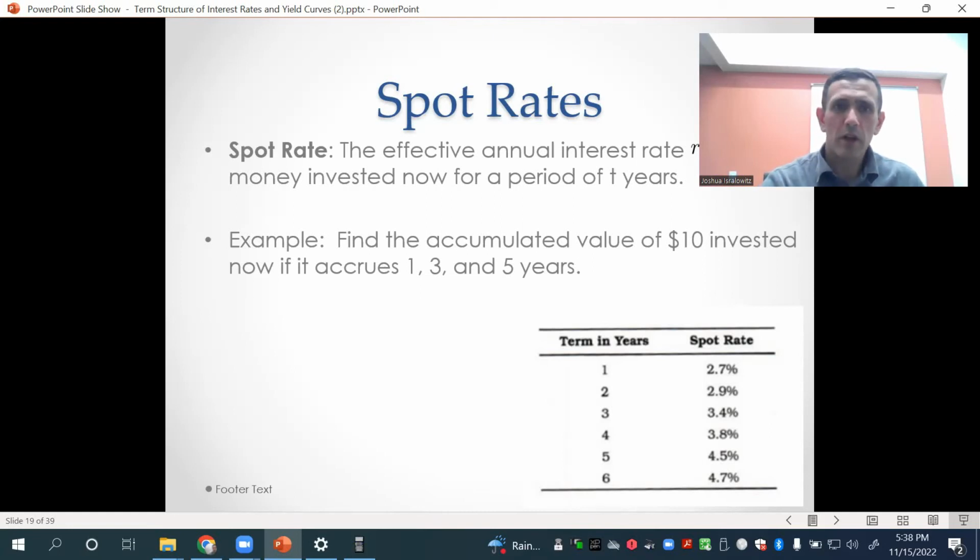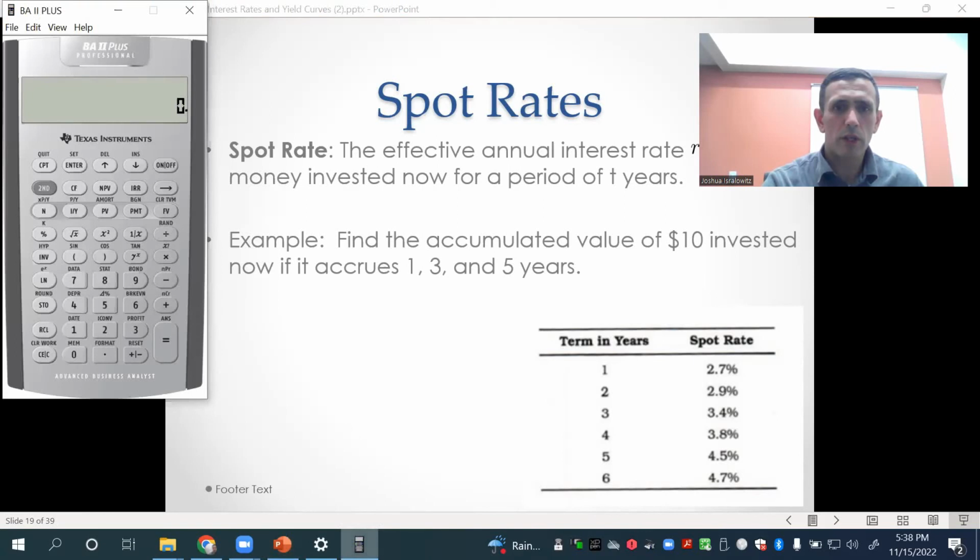But anyway, for this example, I'm not even going to go to the whiteboard. So we have $10 here, and it's being invested only for 1 year. So if I have money locked in for 1 year, we're going to use the annual rate of 2.7%. So it's 10 times 1.027.